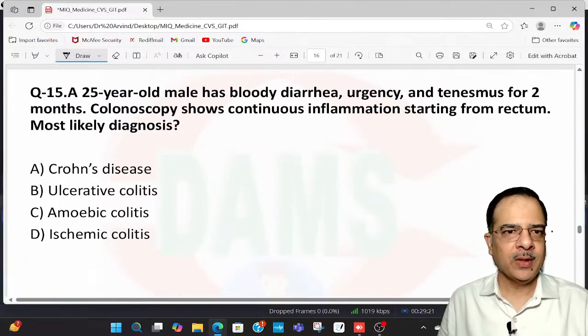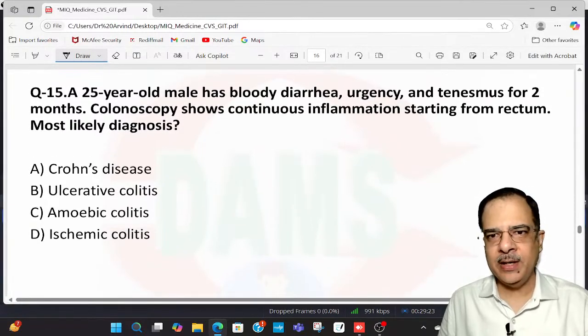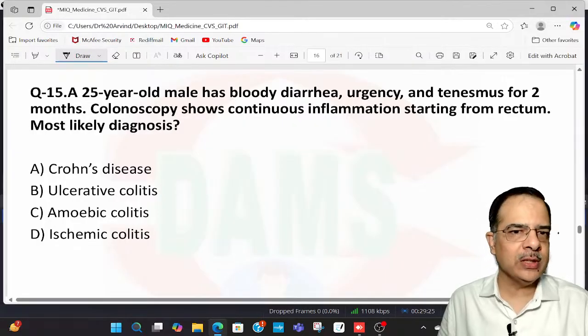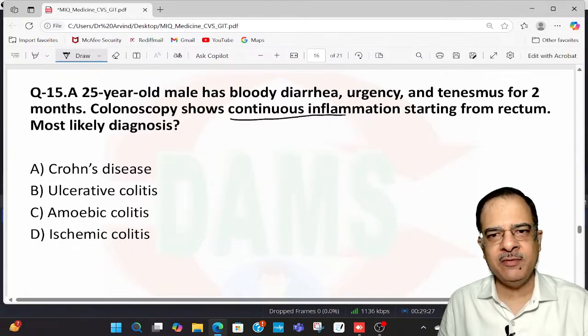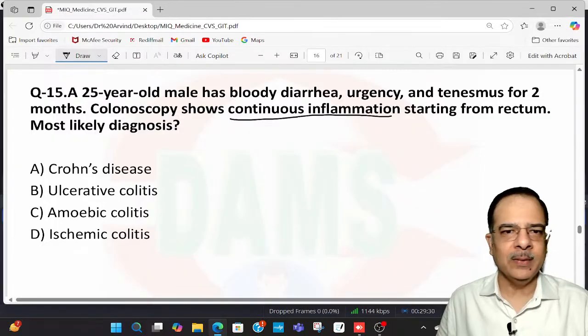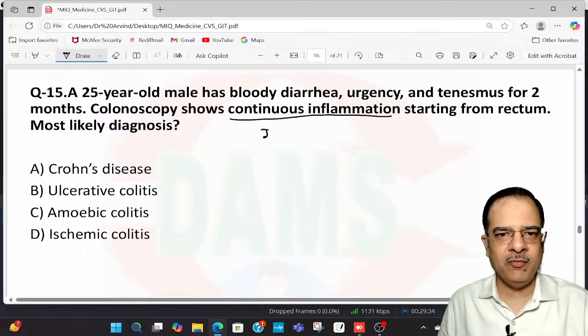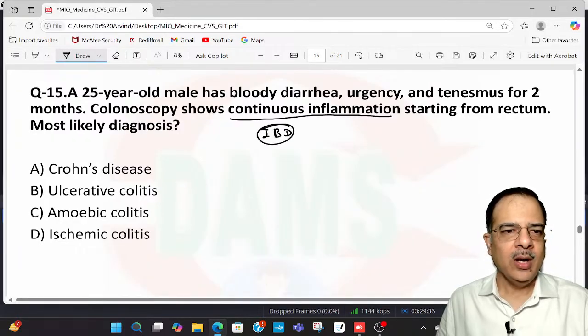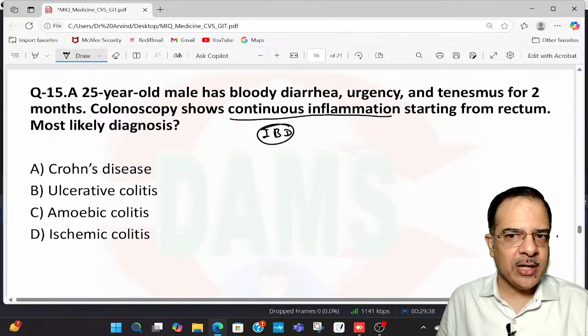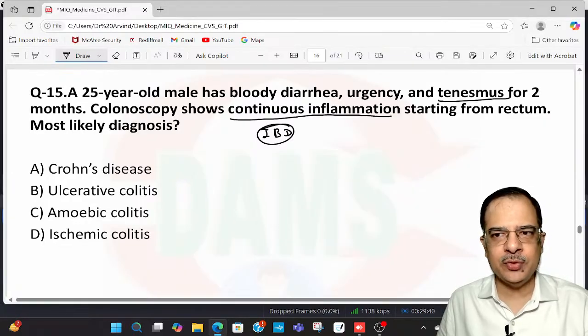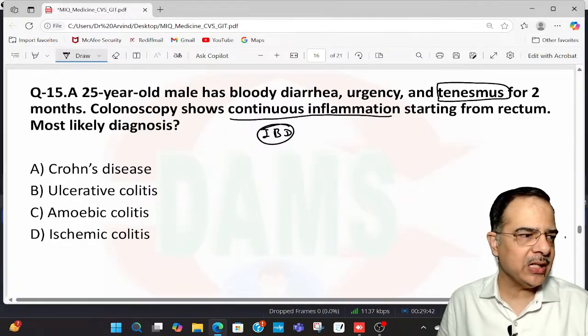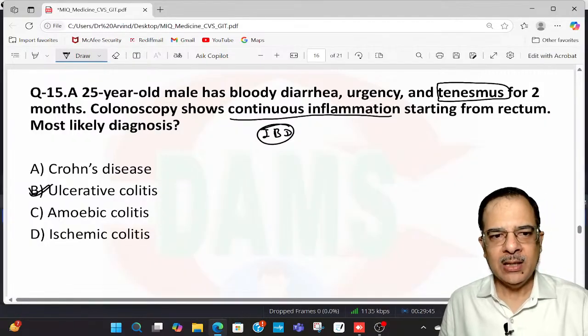The question is: a 25-year-old male has bloody diarrhea, urgency, and tenesmus for 2 months. Colonoscopy shows continuous inflammation starting from the rectum. This topic is highly important; it is the topic of inflammatory bowel disease. In which condition is continuous inflammation there, with tenesmus as the keyword? The answer is ulcerative colitis.